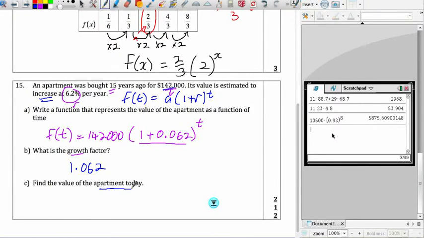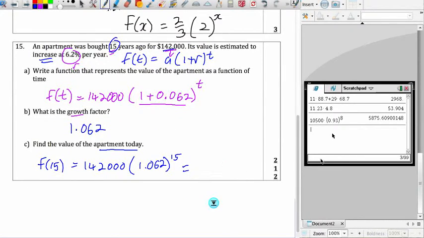And so if we're going to find the value of the apartment today, that's when we need our 15. It's f of 15 is equal to 142,000 multiplied by 1.062 to the power of 15.